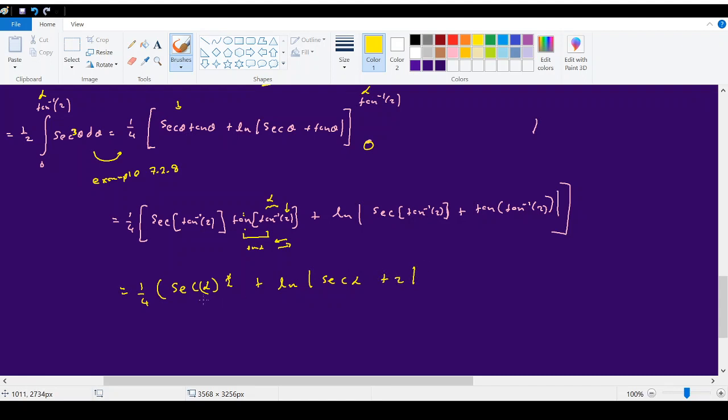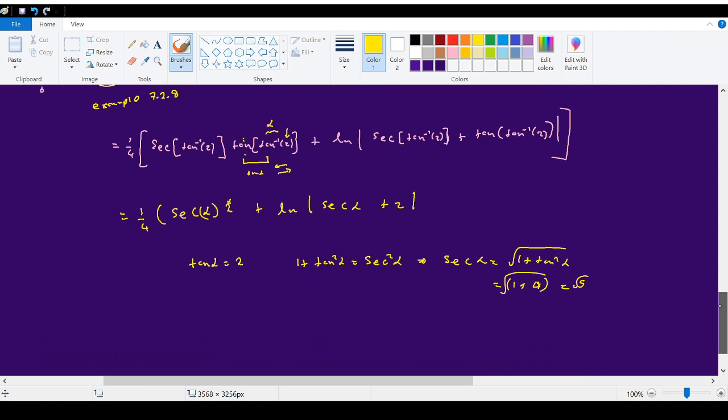And then for this one, we can do one more thing, right? We know that tan alpha is equal to 2, and also we have this trigonometric identity, which is sec squared alpha is equal to 1 plus tan squared alpha. Therefore, sec alpha is equal to the square root of 1 plus tan squared alpha. That means 1 plus 2 squared, which is 1 plus 4, so the square root of 5. So sec alpha is equal to the square root of 5, right?